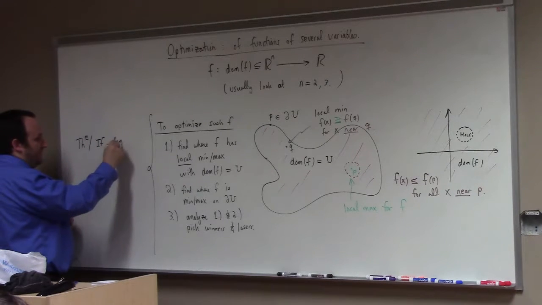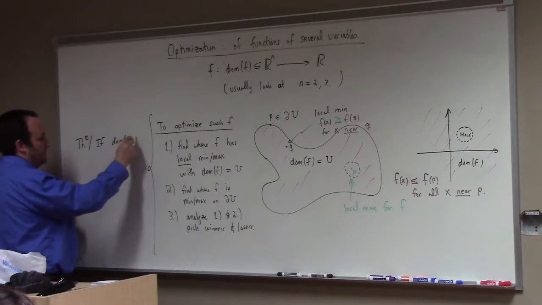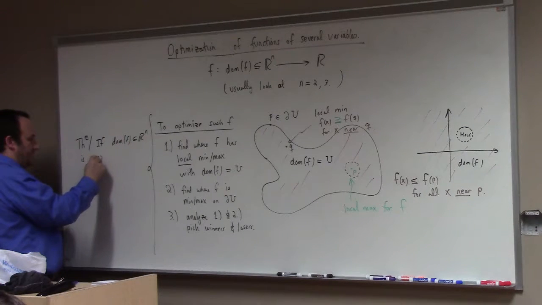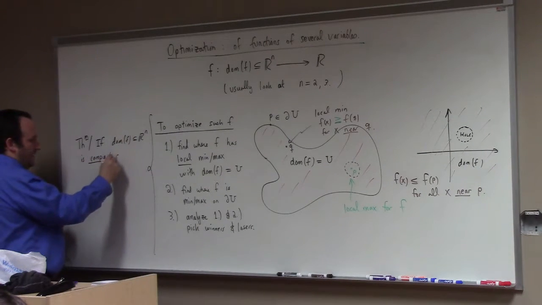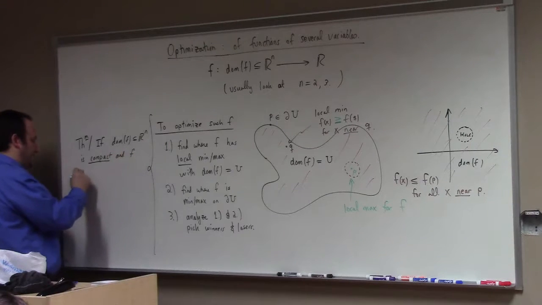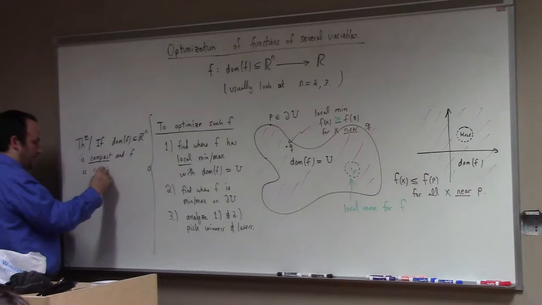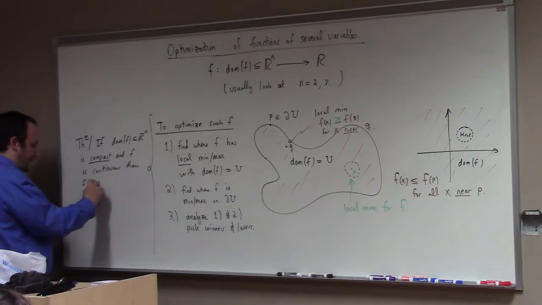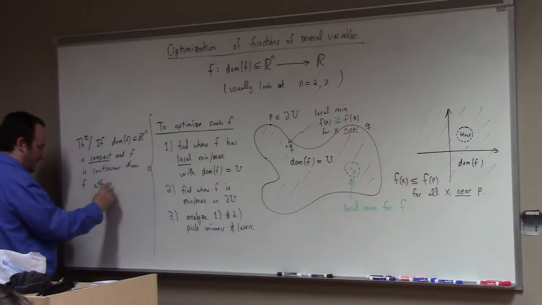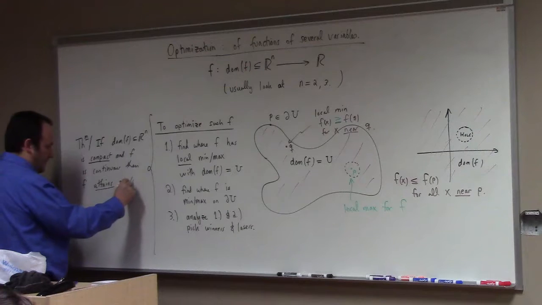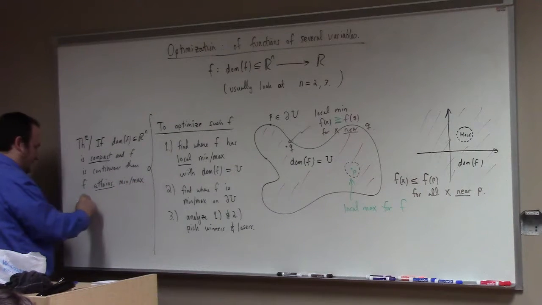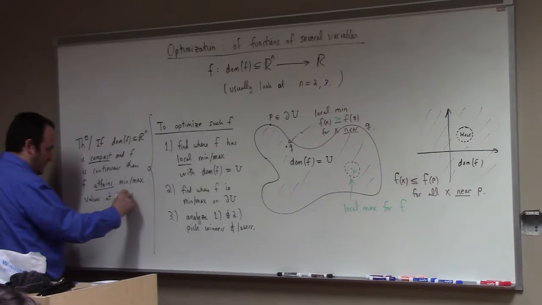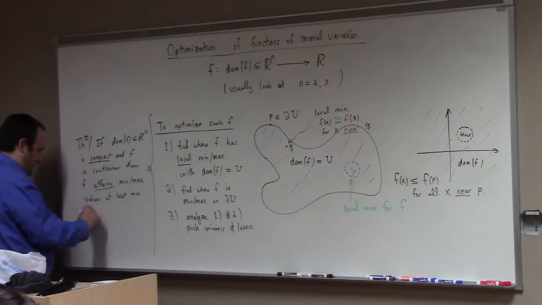If the domain of f, a subset of Rn, is compact, and f is continuous, then f attains min and max values at least once on the domain of f.